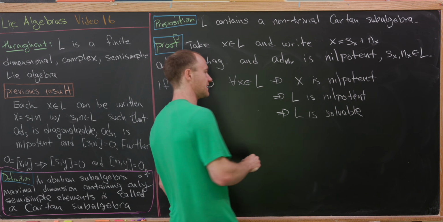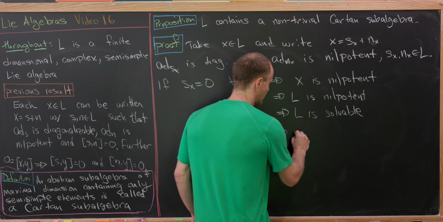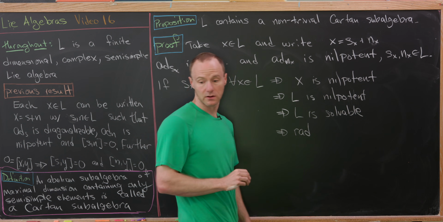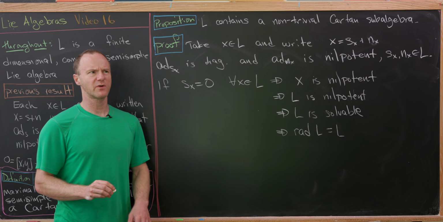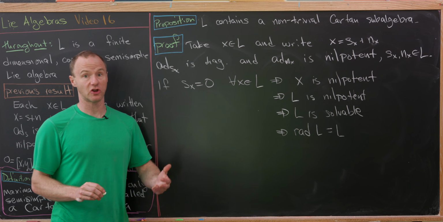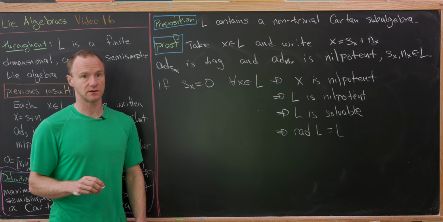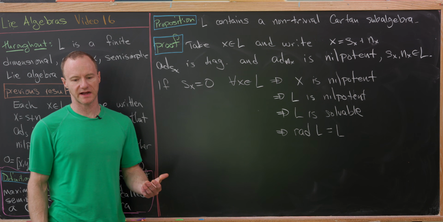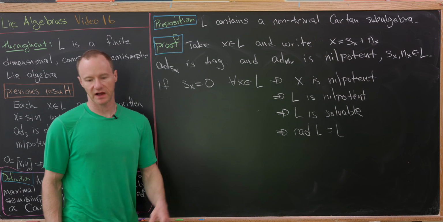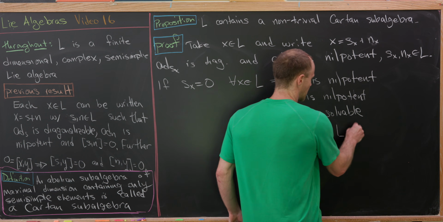But then if L is solvable, that means that the radical of L is equal to L. Remember that the radical is the largest solvable ideal of a Lie algebra. If the Lie algebra is solvable, then its largest solvable ideal is the Lie algebra itself. But that's non-zero.